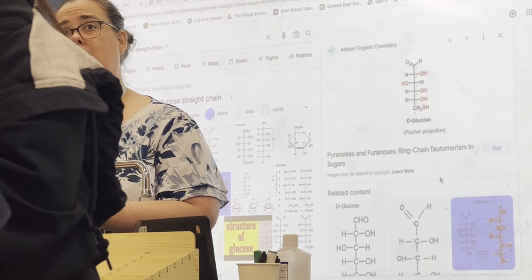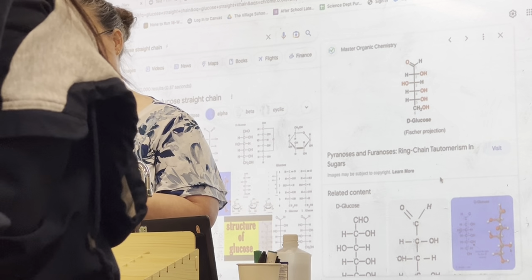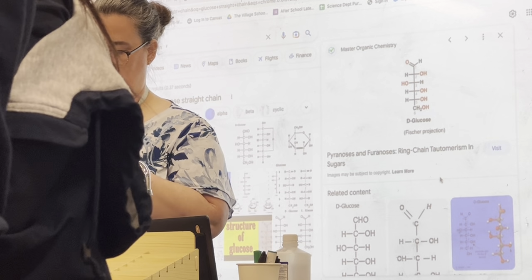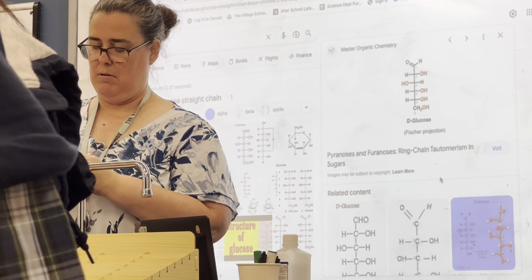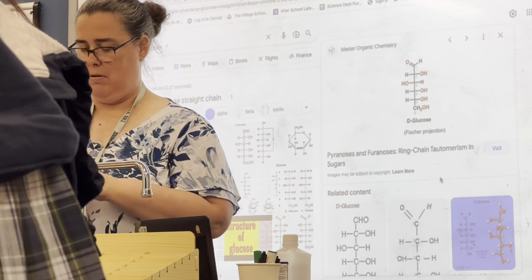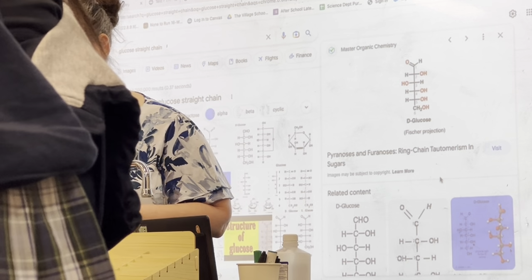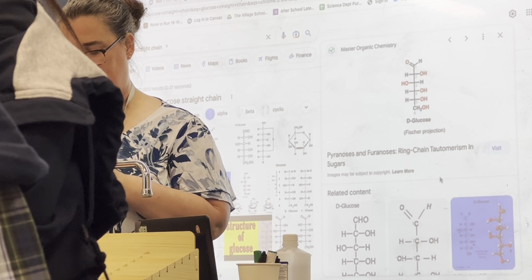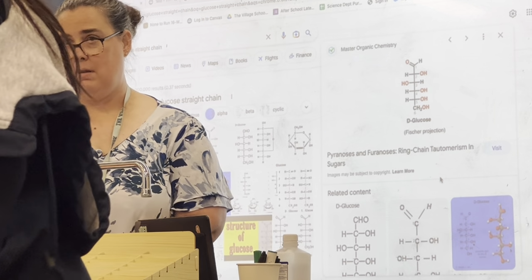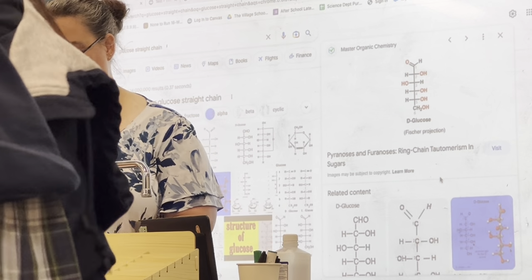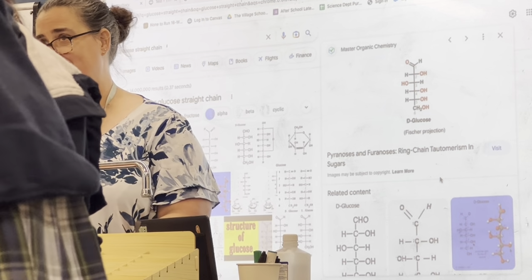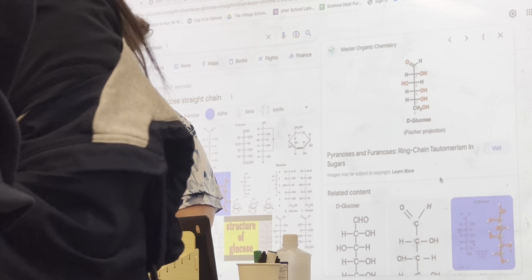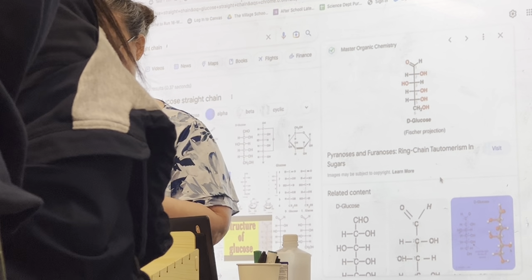While it was still on, she tried to take it off. There's witnesses. Carbon is black.